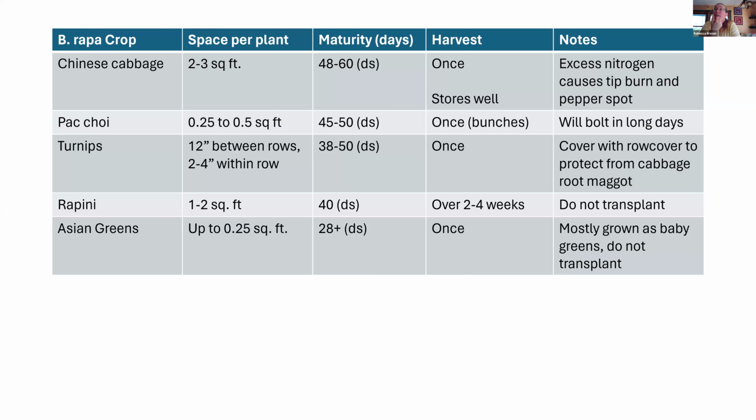There was some work done back in the aughts that sort of triggered the whole kale superfood movement that showed that seedlings, so like microgreens or sprouts of Brassica oleracea, contained a whole bunch of anti-cancer compounds.